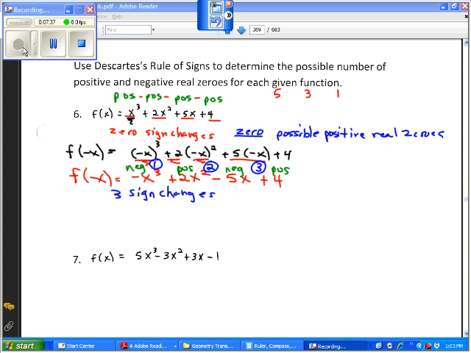Because there are 3 sign changes, there are 3 or 2 less than that, 1. Remember, they drop out in pairs. Possible negative real zeros.